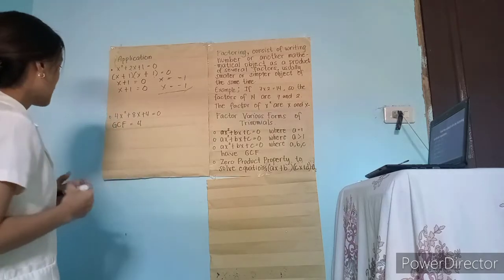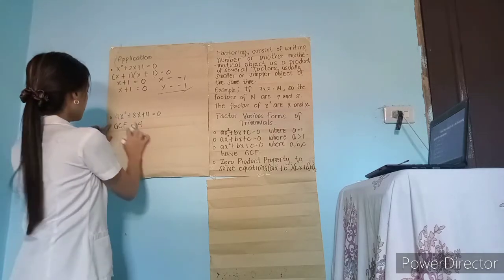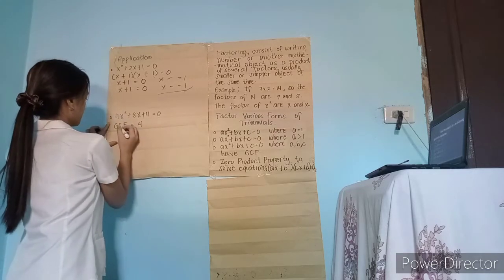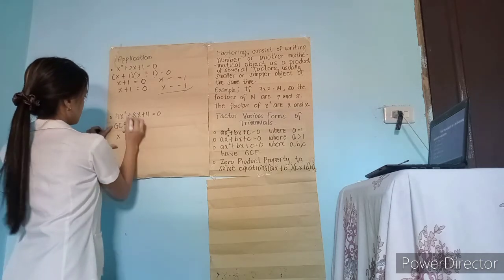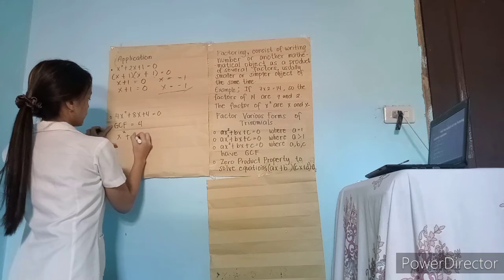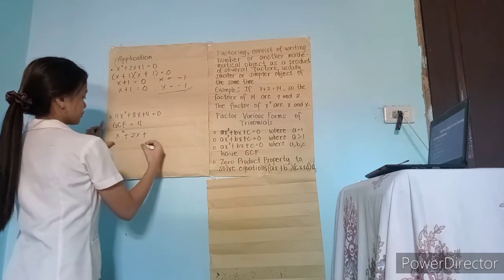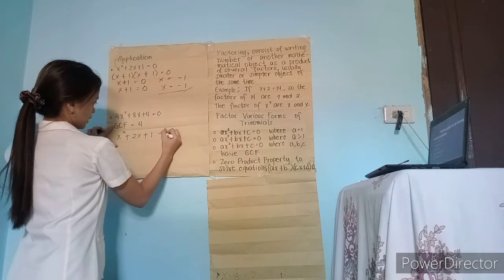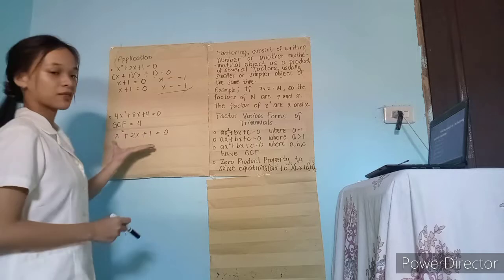So divide the whole equation by 4. We have x squared, then 2x, and for the constant term, we get 1 and 0. So this is what we get.